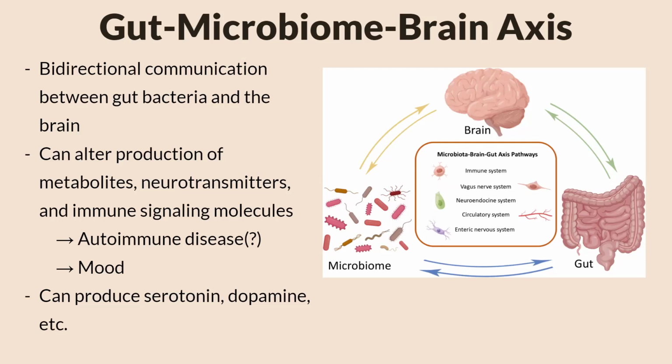And it makes sense because if you have altered production of neurotransmitters like serotonin, dopamine, et cetera, then it's going to change your mood, right? Maybe it might not be overnight, just because you have this one new bacteria that's producing something. But if you have colonies that are tailored to outgrow or compete with others, and you have this predominant one that can influence, let's say, dopamine levels in your brain, then over time that's going to affect how you think and how your mood is.